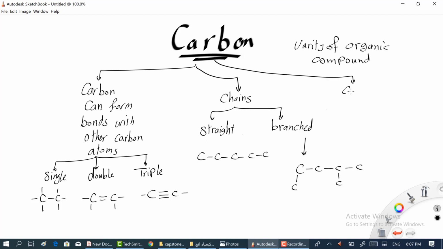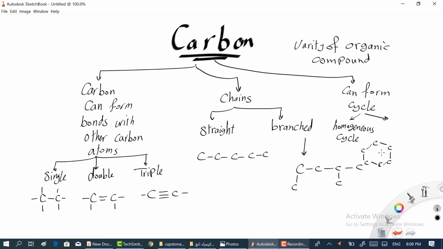Carbon can form a cycle, and this is a cyclic compound. Homogeneous cycle, like in benzene: a carbon atom attached with another carbon, then carbon, then carbon, forming the cycle.